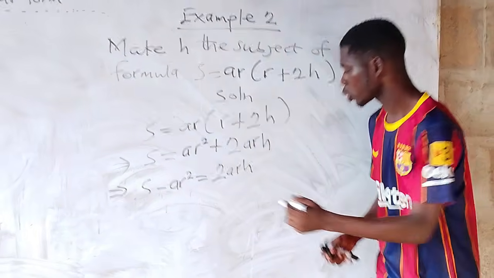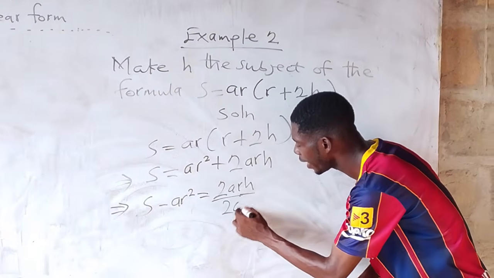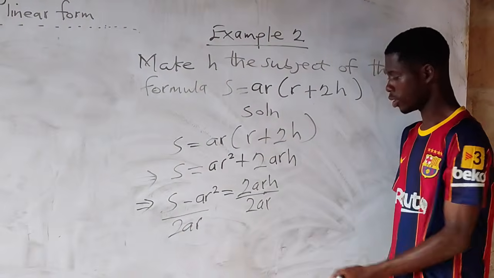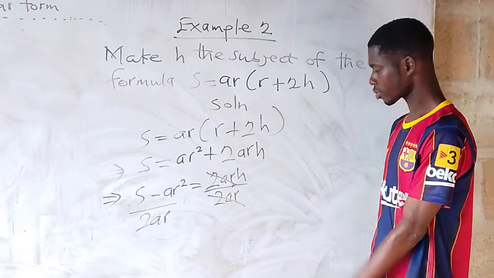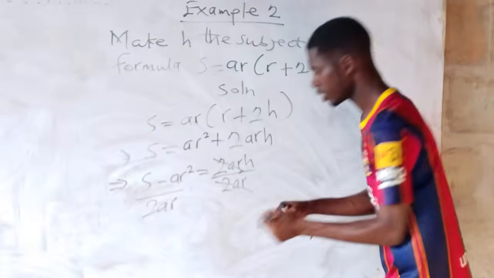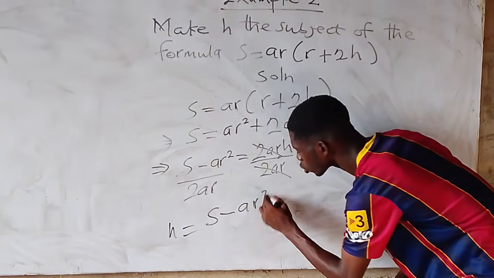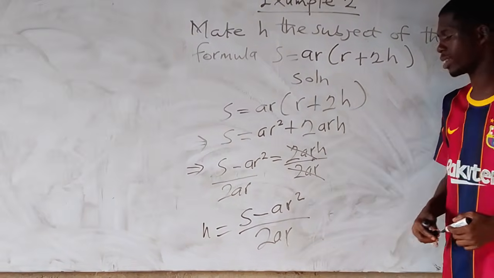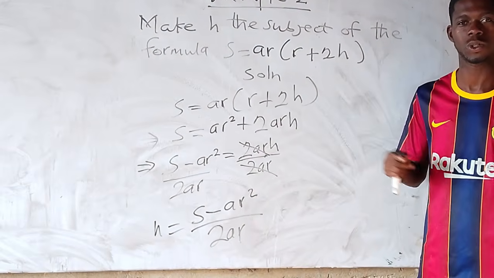So divide both sides of the equation by the coefficient of H, which is 2AR. We cancel 2AR here. Therefore H is equal to S minus AR squared over 2AR. Now we have made H the subject of that formula. I hope it is so simple, right?